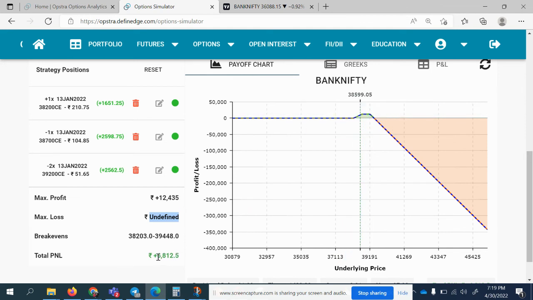Though we got 3,000 of profit from the original profit of 12,000, we ended up in green. In case the market made 1% down, see, not even 1%, 0.72%, look at the green. If the market made a 0.72% downside, you would have been in a minus 65 loss.